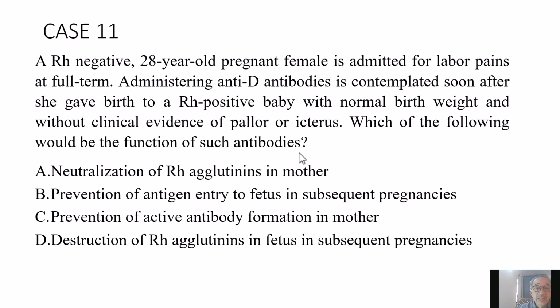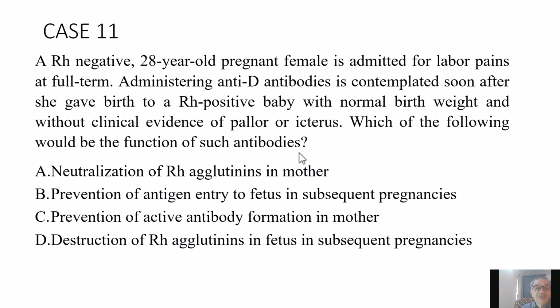Options are neutralization of Rh agglutinins in the mother. Rh agglutinins may be formed if there is a transfer of red cells from the fetus to the mother. That is true. But anti-D antibodies are themselves agglutinins.